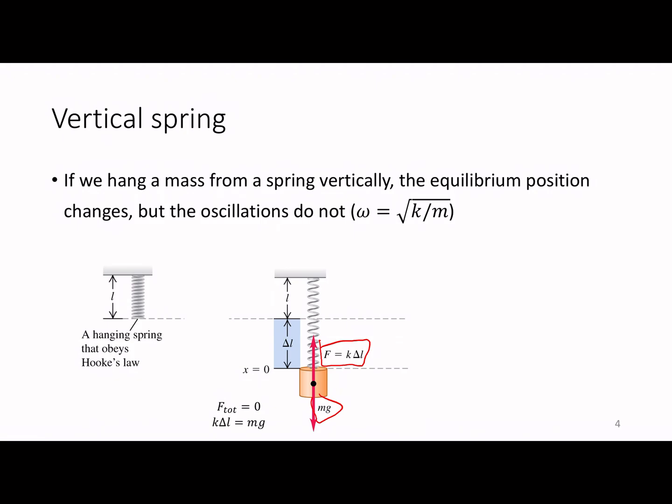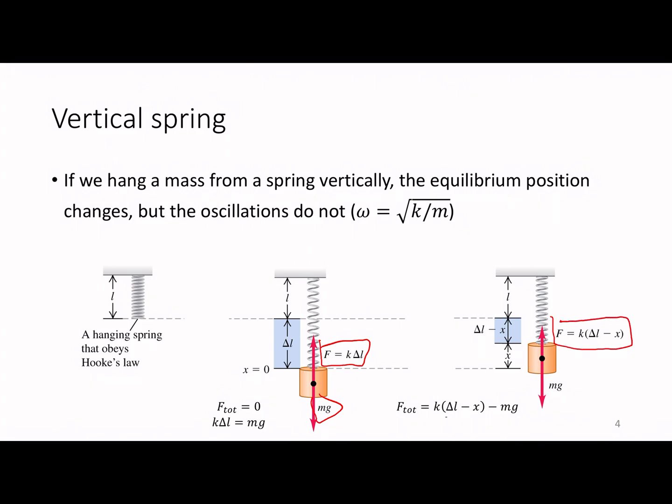Now imagine that I displace the spring around that equilibrium. So I go a little bit up by a distance x. So delta L was before, now it's delta L minus x is my displacement. And if I look at my free body diagram, there are two forces. There's the force of the spring, which is k times delta L minus x, and there's still gravity there. So it looks a little different. It's not just kx. If I write this out, the total force is k times delta L minus x, minus m times g.